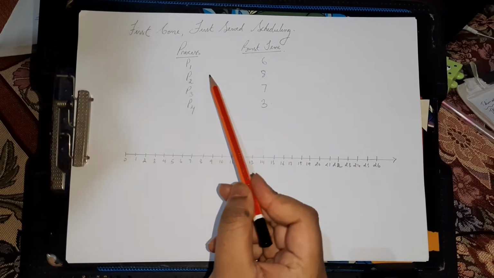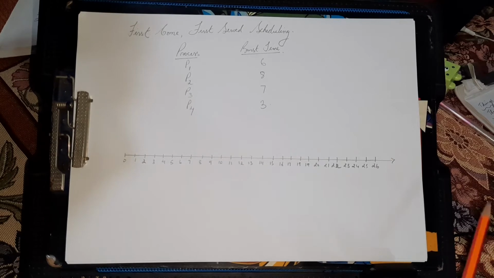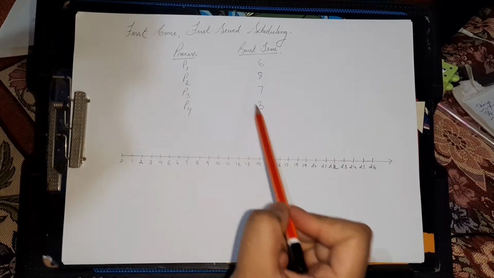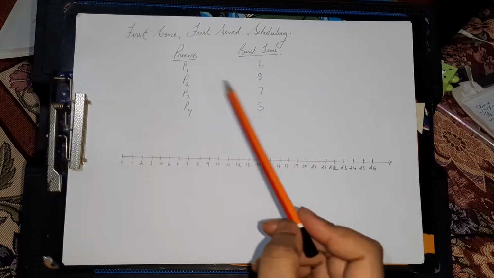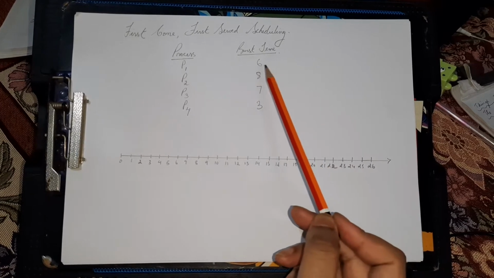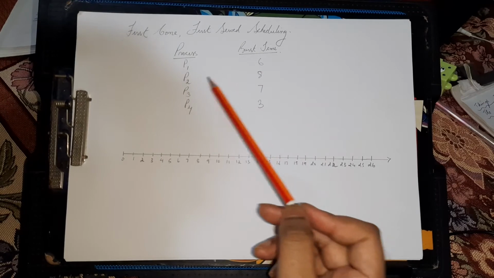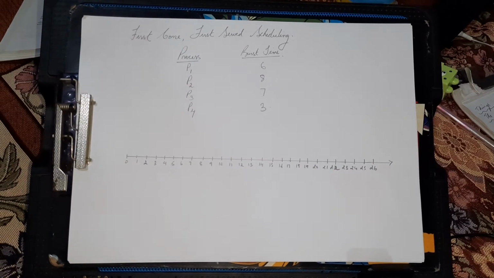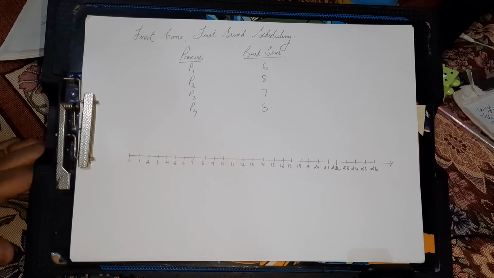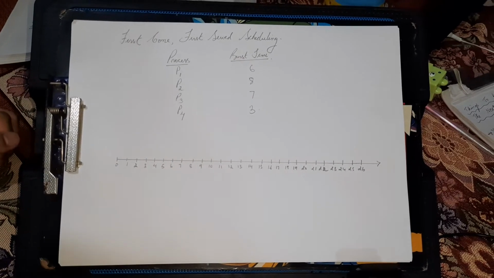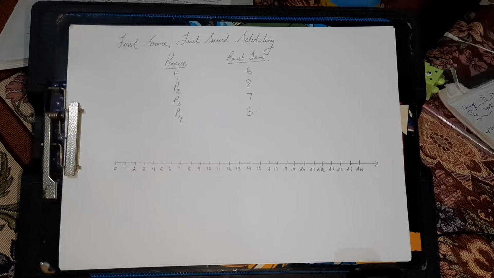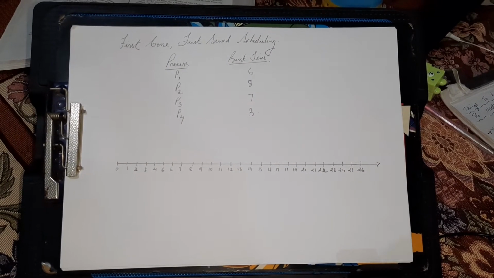Alright, so let's imagine we have four processes in the ready queue, each with their own burst time. Let's say process 1 requires 6 milliseconds of the CPU's time, process 2 8 milliseconds and so on. With the first come first serve algorithm, the algorithm is very simple.